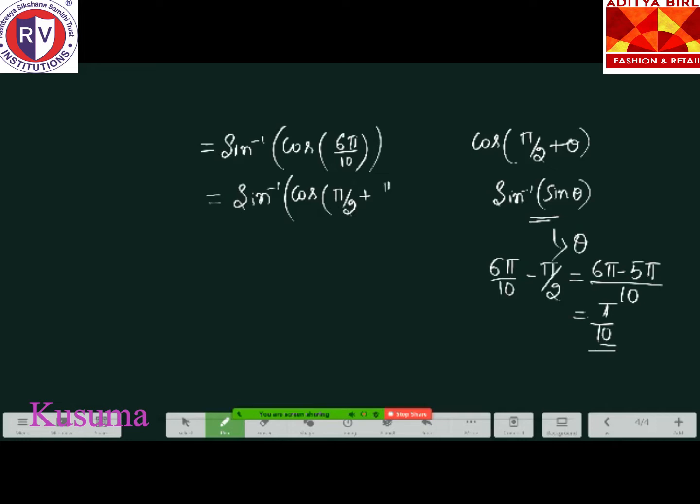So when we add pi by 2 to pi by 10, this will get the form of cos of pi by 2 plus theta, which will be equal to sine theta. So here the theta is pi by 10. So sine inverse of sine theta is there. So directly we can write pi by 10. Sorry, it is minus.